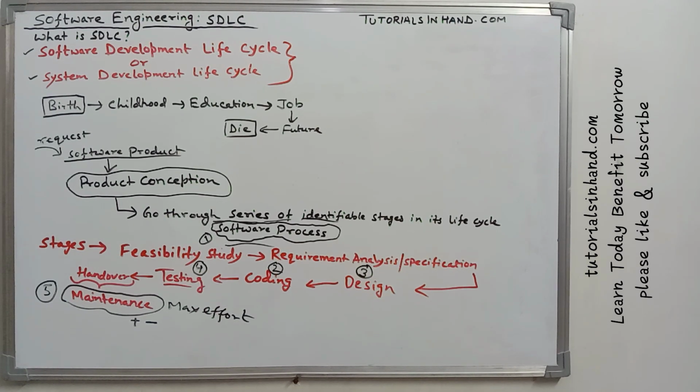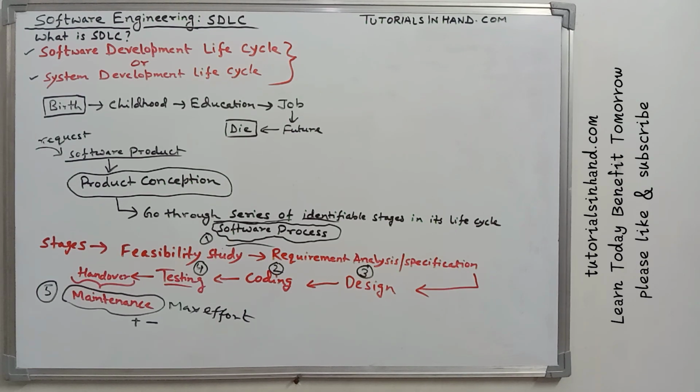It is not a hard and fast rule, because we have different life cycle models depending on the requirement and what we want to achieve as a software product. So different life cycle models that we have can be categorized into.